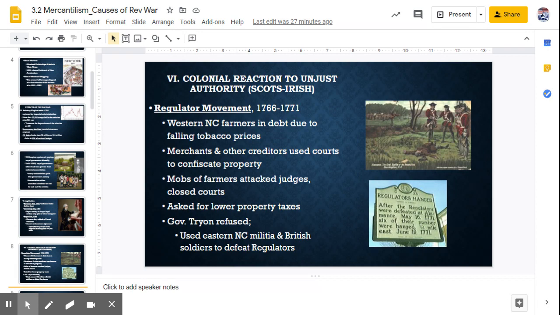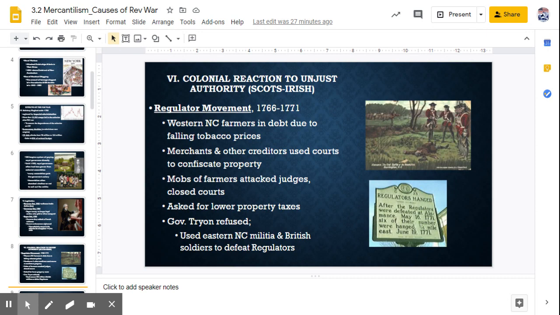And so if I was a farmer in Western North Carolina in the 1760s, in order to go to the cobbler and get shoes for my kid, or to make sure that I could maybe have a little money if I had to pay the doctor, I would do this all on credit.